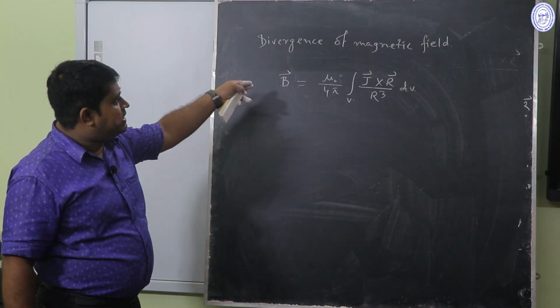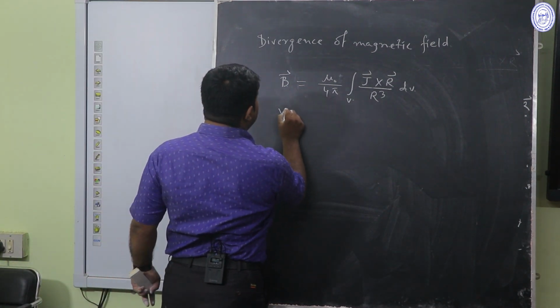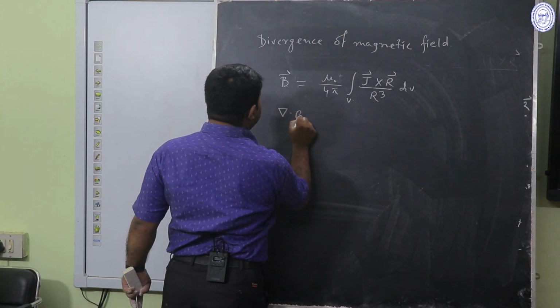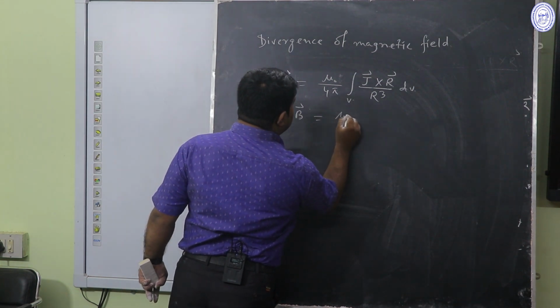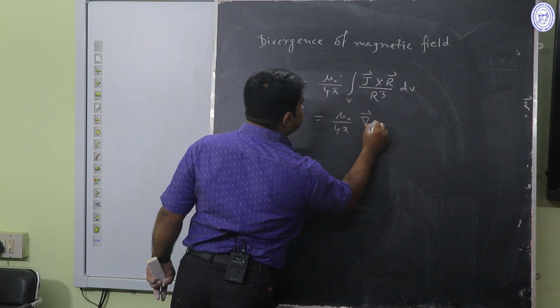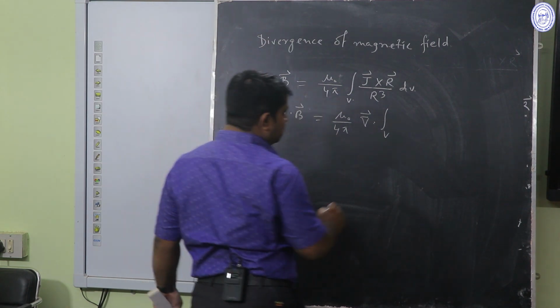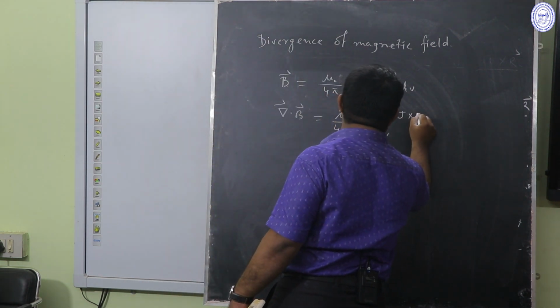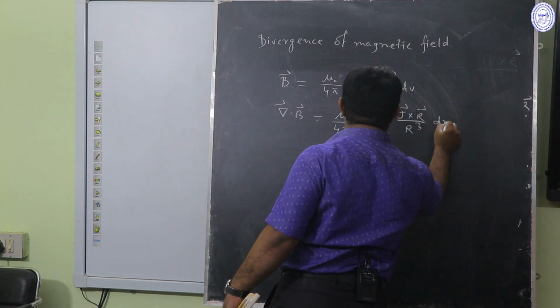Now take the divergence on both sides. Divergence of B is mu 0 by 4 pi divergence of integration over volume J cross R by R cube into dV.